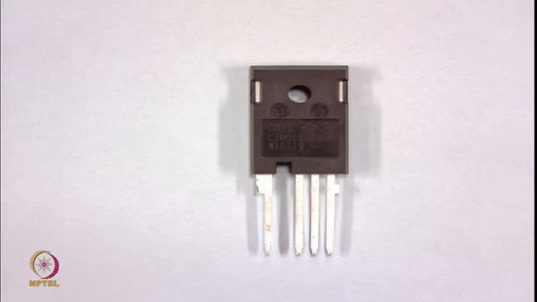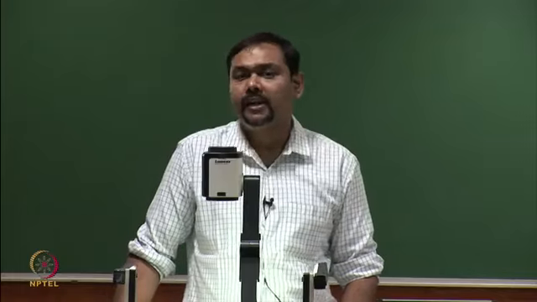One is the source terminal, which carries the main power circuit current, flowing from the drain and going through the source, and there is a second source terminal, sometimes called the Kelvin source terminal. This terminal is connected to the gate driver board in order to minimize the loop inductance seen by the gate driver board.